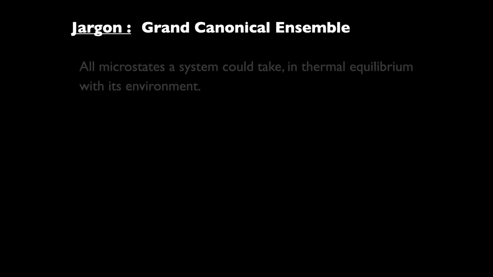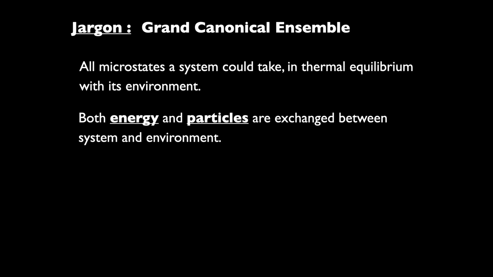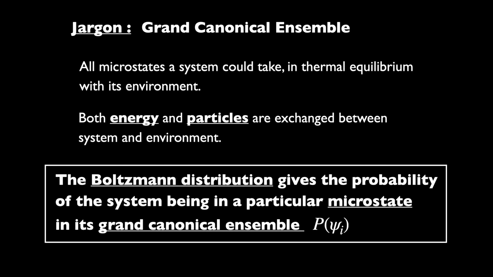The grand canonical ensemble is the set of all possible microstates a system could take under thermal equilibrium with its environment. Now both the energy and particles are exchanged, as in the scenario we have just described. The Boltzmann distribution then gives the probability of finding the system in a particular microstate psi i in the grand canonical ensemble. This probability is what we are going to calculate.